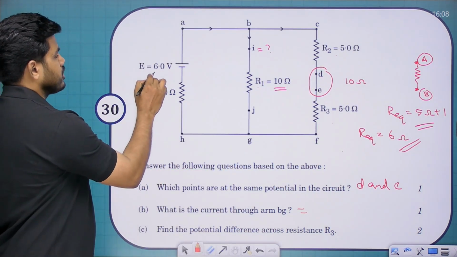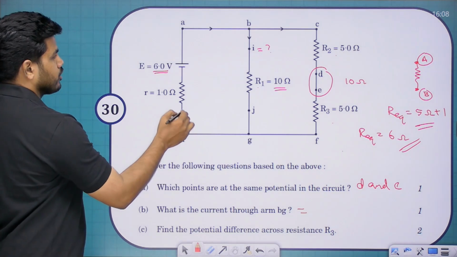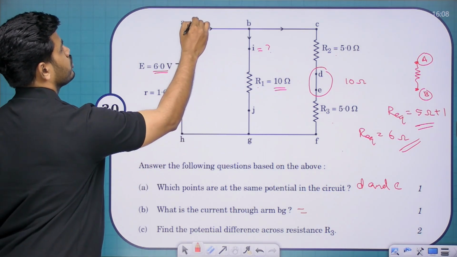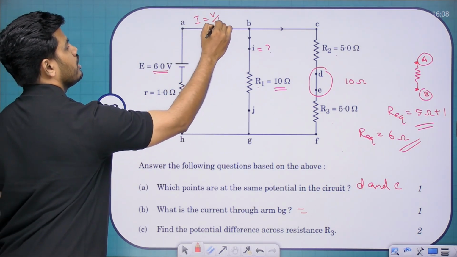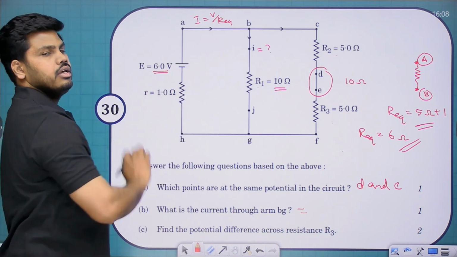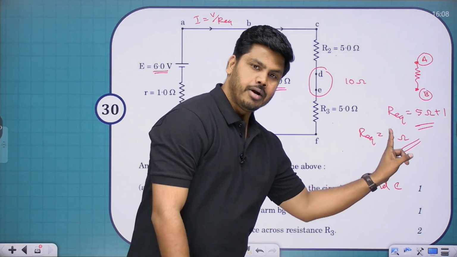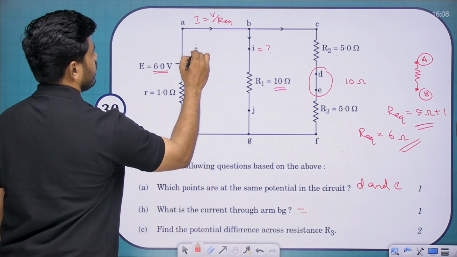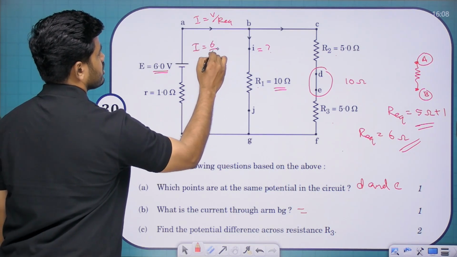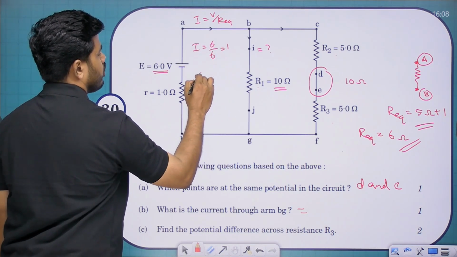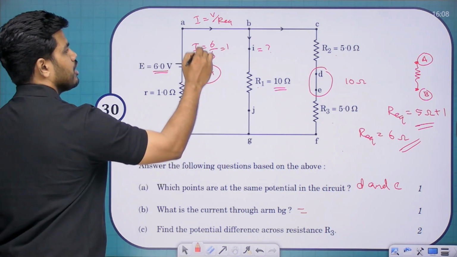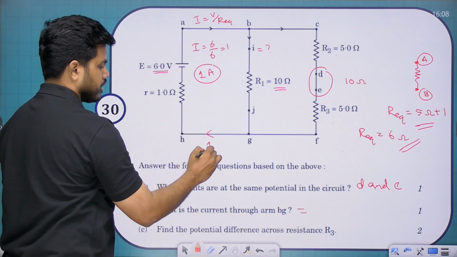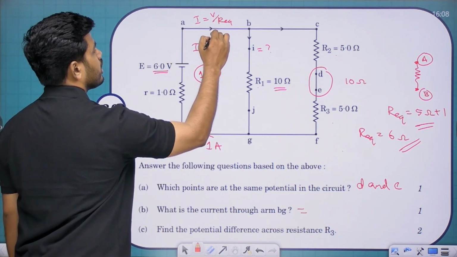Then what is the potential given? 6 volt. What is the total current flowing through the circuit? V by R equivalent. V is 6 volt. R equivalent is 6 ohm. So the current flowing through this is 6 by 6, which is equal to 1 ampere. This is also 1 ampere current.